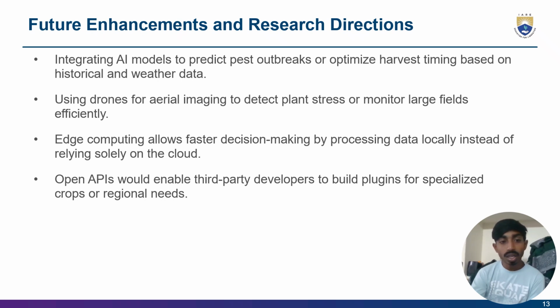Edge computing allows faster decision making by processing data locally instead of relying solely on the cloud. Open APIs would enable third-party developers to build plugins for specialized crop or regional needs.